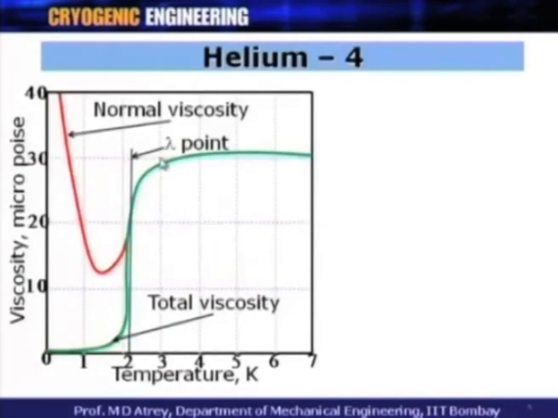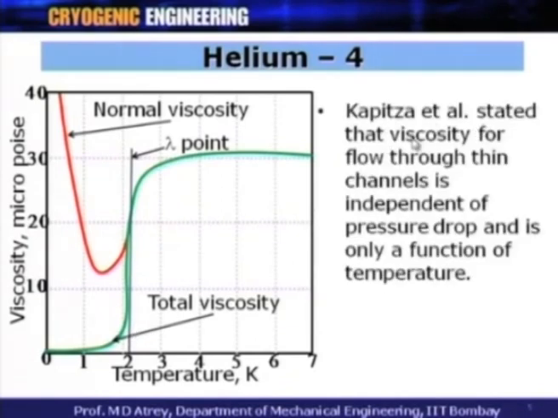That could be explained by this particular curve, where you see that the viscosity is almost 0 at 0 Kelvin. At the lambda point, what you have is a normal viscosity, therefore, what you have is liquid helium-1. And as soon as one comes below the lambda point, the total viscosity starts coming down, because the percentage of liquid helium-2 or superfluid starts increasing.